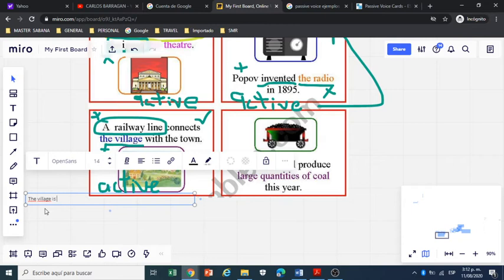So the village is, the past participle of the verb connects, the past participle is connected, with the town, or by a railway.